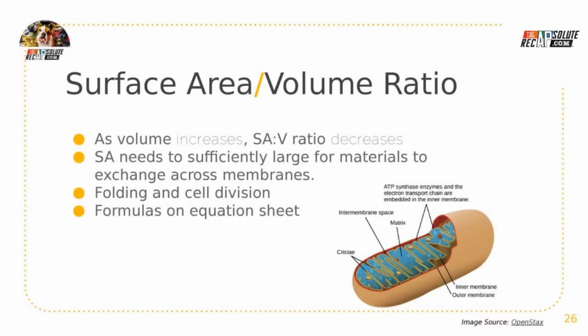Don't memorize any formulas. Really, don't memorize most of that, it's just not a good use of your time. You can reference it at any point throughout the exam. But surface area to volume ratio is really why so many things have folds and indentations, to allow for greater activity across those surfaces.